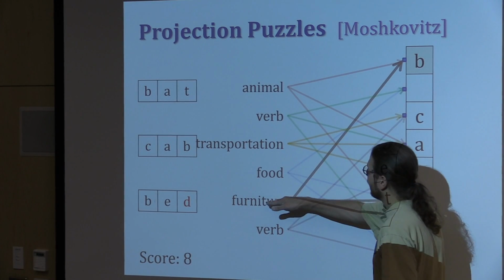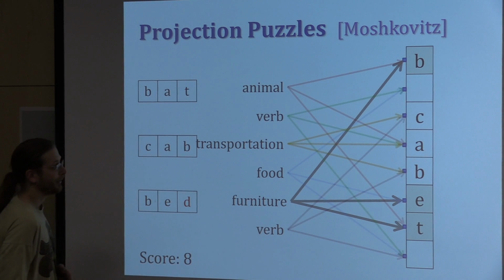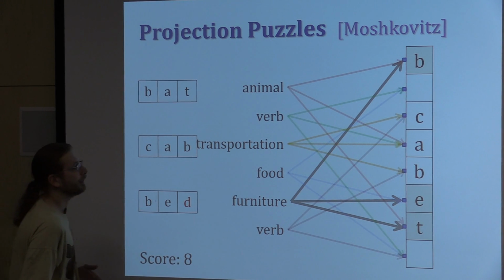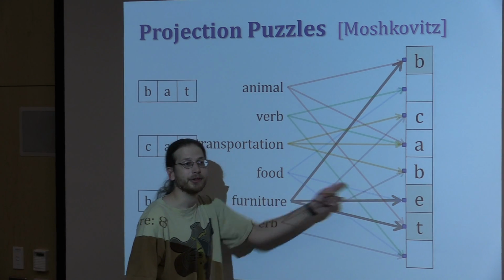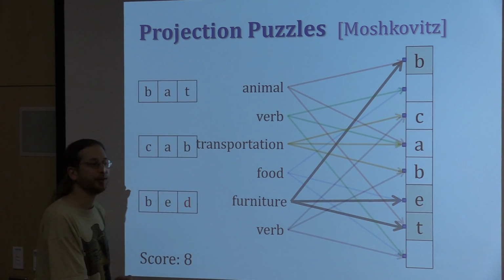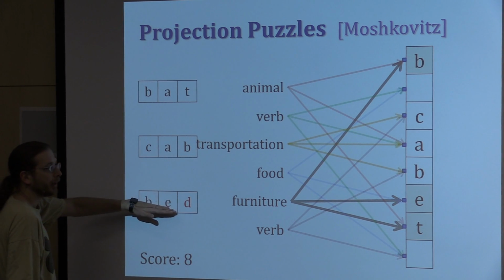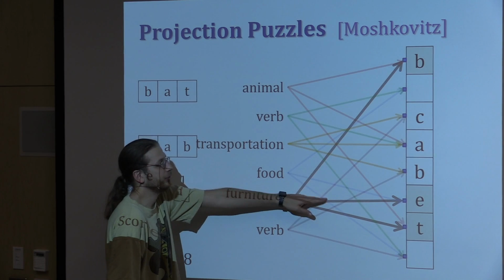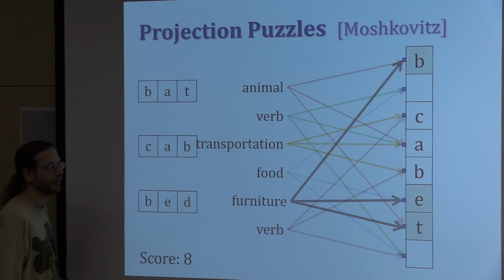So this Ai group for furniture is a set of all words that are furniture and 3 letters long. And then for each such choice on the left, for each such choice on the right, you can say, are they compatible by either putting an edge or not? And so we got 2 out of 3 of these edges. These 2 were satisfied, this one's not, so we get 2 more points, so far a total of 8.